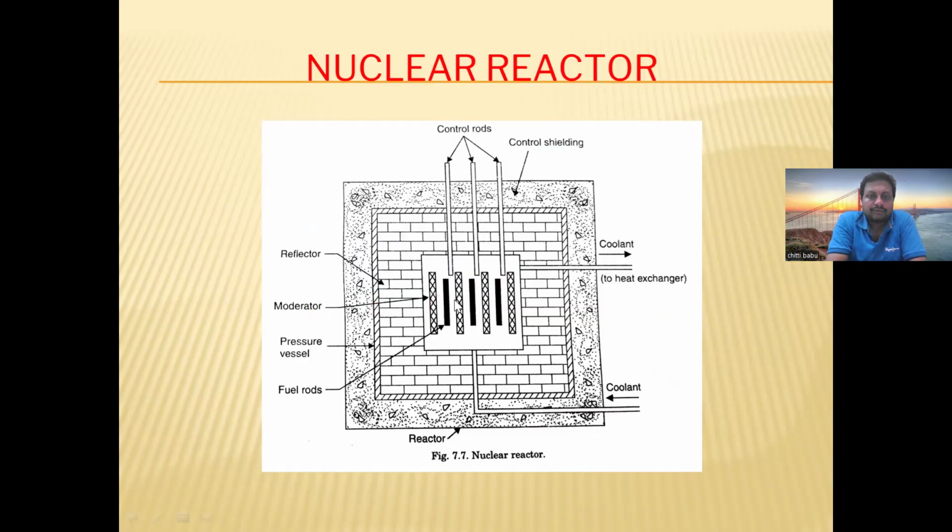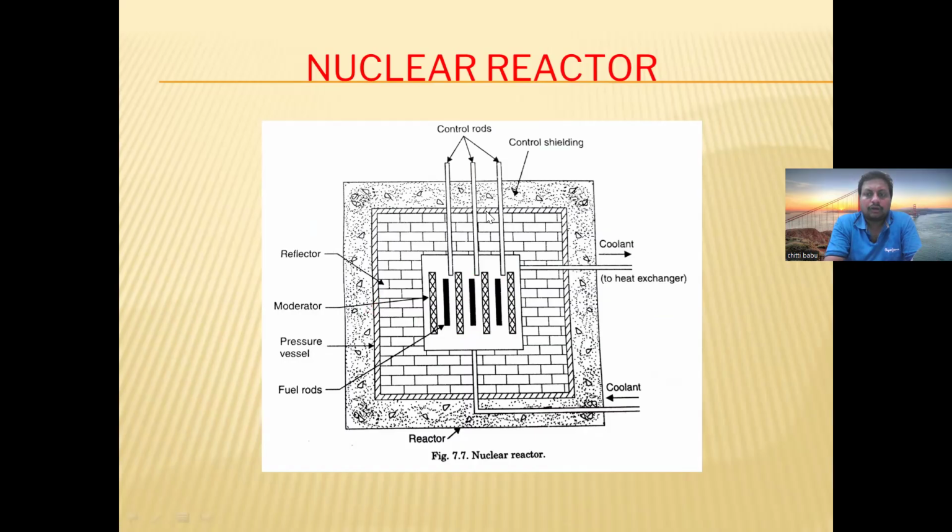Here a large amount of heat will be developed. If the control rods are not there, it will form a nuclear bomb. High radiation, radioactivity of neutrons will be there, so we are using shielding also.